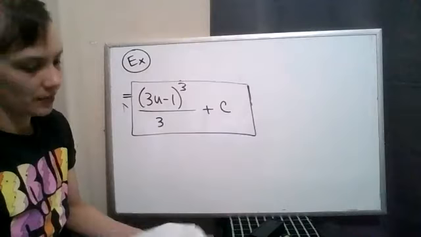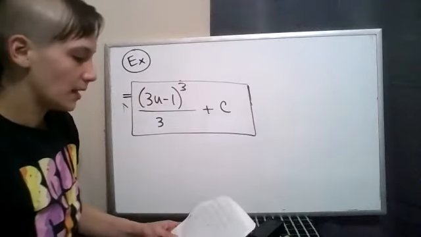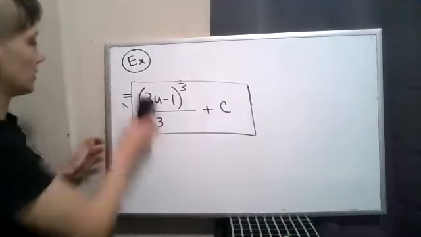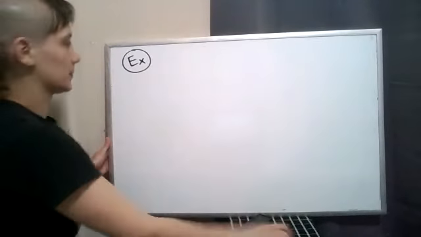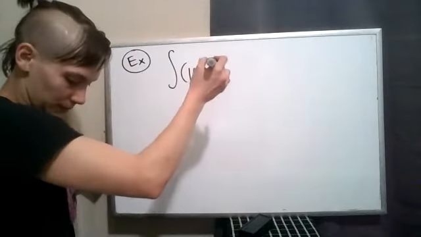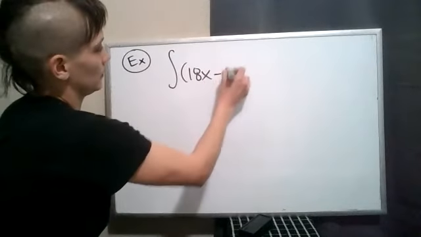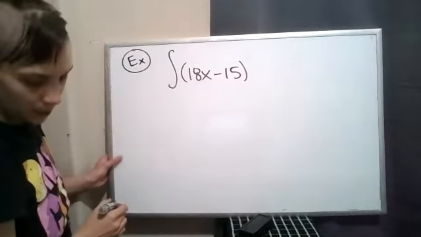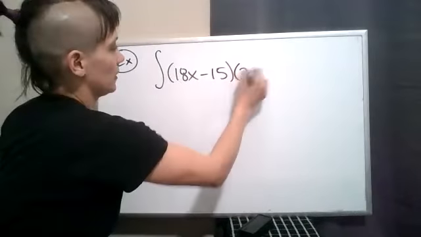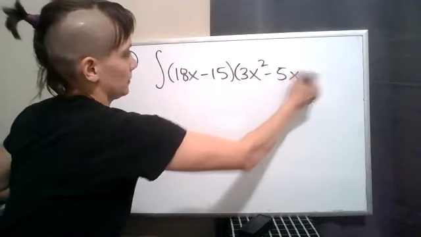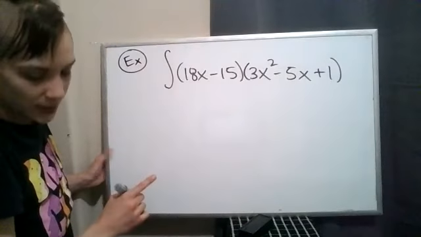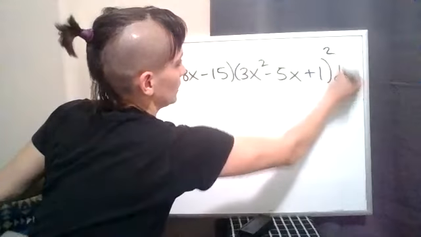Okay, this one looks kind of funny, but it still is a good practice problem. It's an integral of 18x minus 15, multiplied with 3x squared minus 5x plus 1, that piece is squared, and then dx.